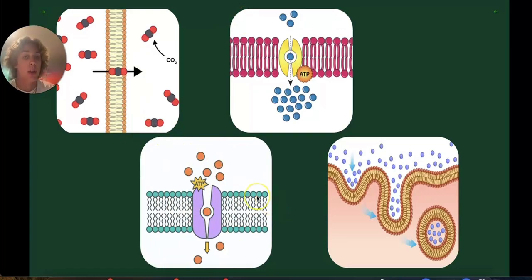The third one is active transport, which utilizes ATP energy to move nutrients across a concentration gradient. And lastly is endocytosis, in which large nutrients are absorbed by the cell membrane.